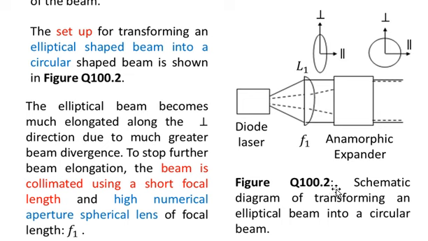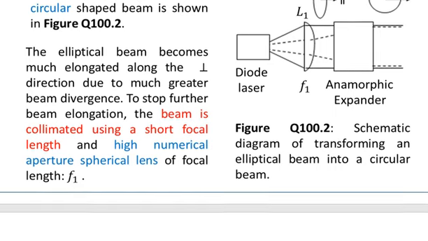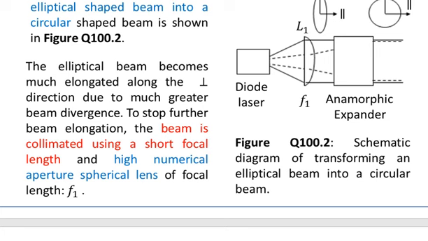The caption of Figure 2 is a schematic diagram of transforming an elliptical beam into a circular beam. So let's read the relevant paragraph. The elliptical beam becomes much elongated along the perpendicular direction due to much greater beam divergence.